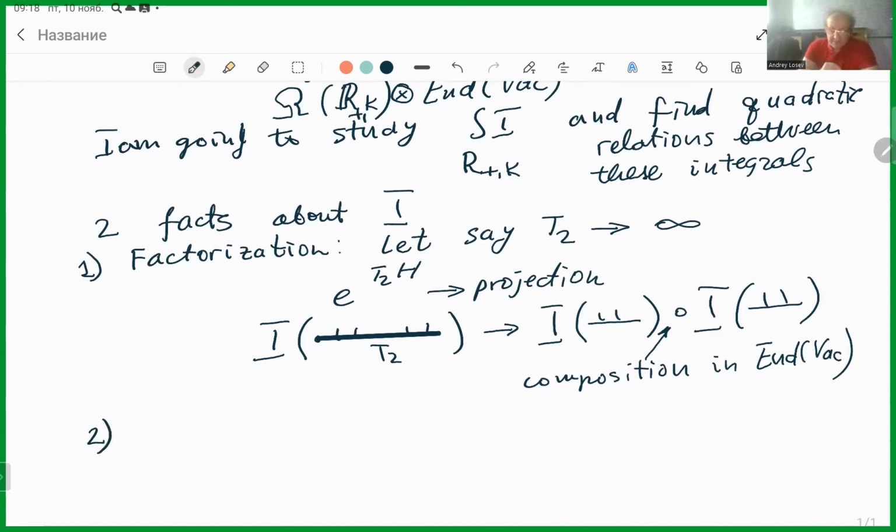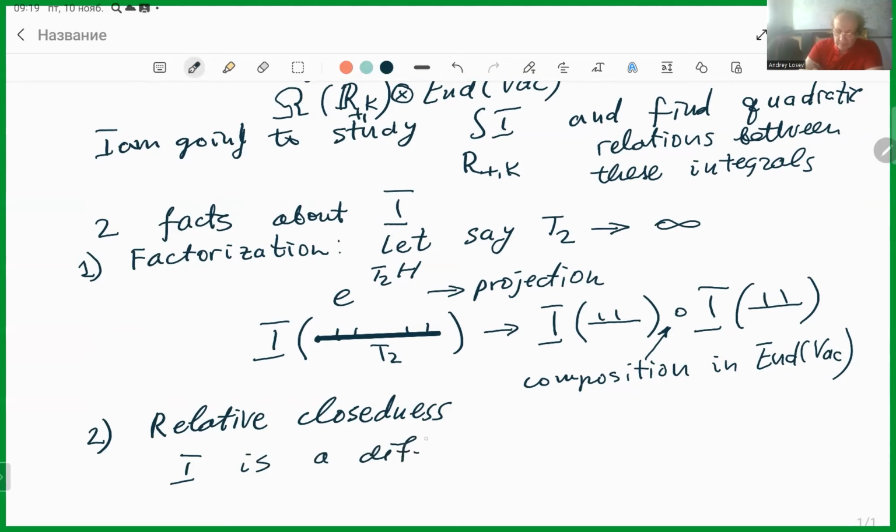The second statement that I'm going to use is called relative closedness. What do I mean by this? I is a differential form. So what can I do?